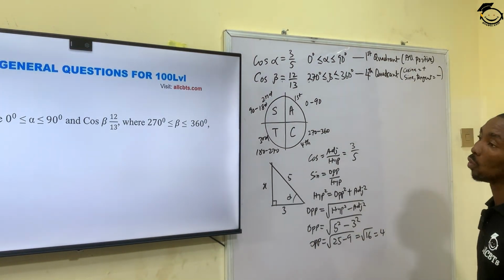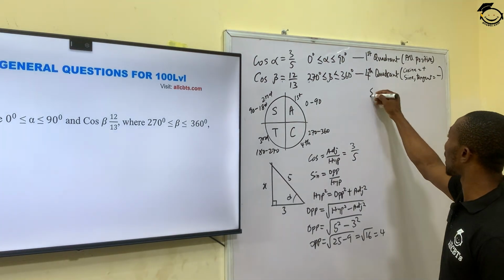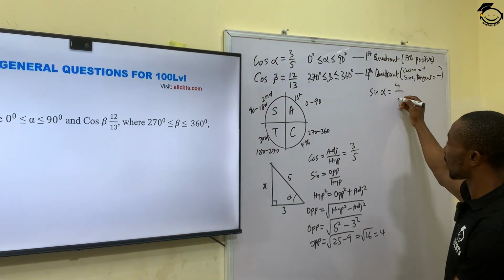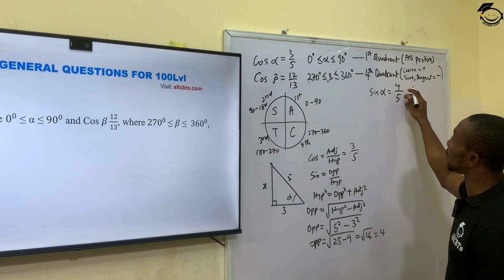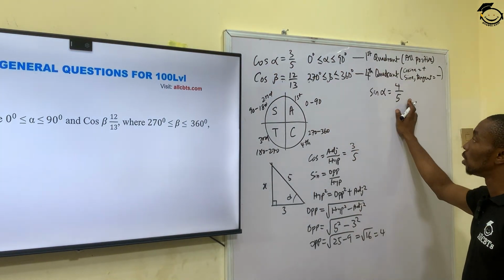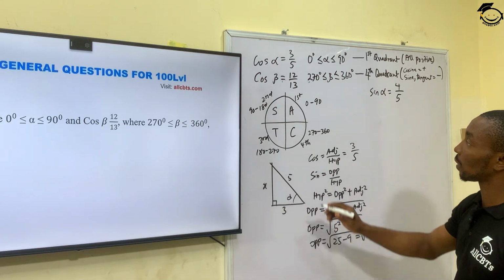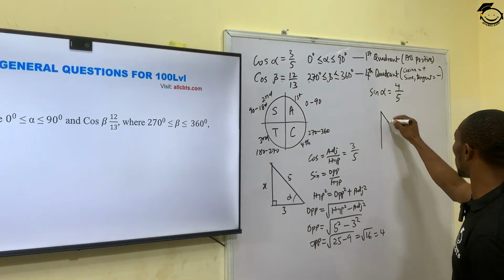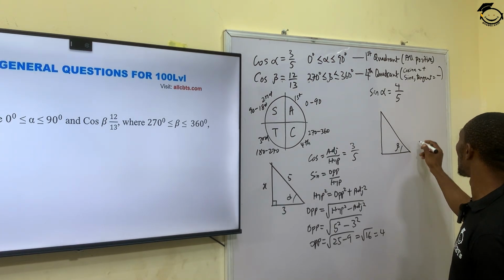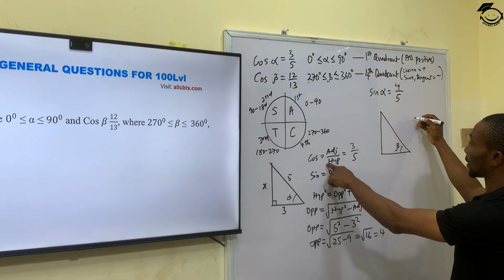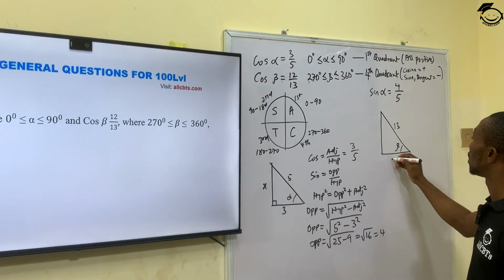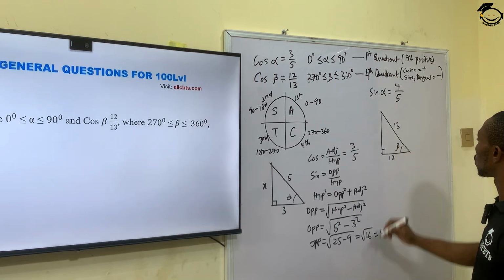So now, our sine alpha will be 4 over hypotenuse 5. Since alpha is in the first quadrant, it will be positive. Now, to the other part, we have our cos beta. Bearing in mind that cos beta is adjacent over hypotenuse, our hypotenuse will be 13 and our adjacent will be 12.